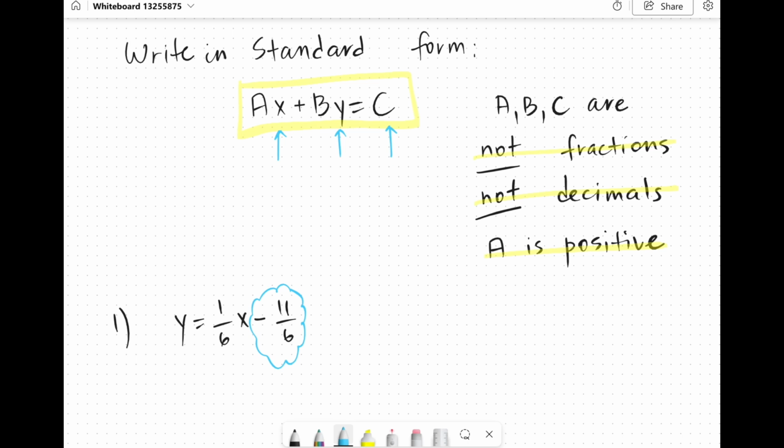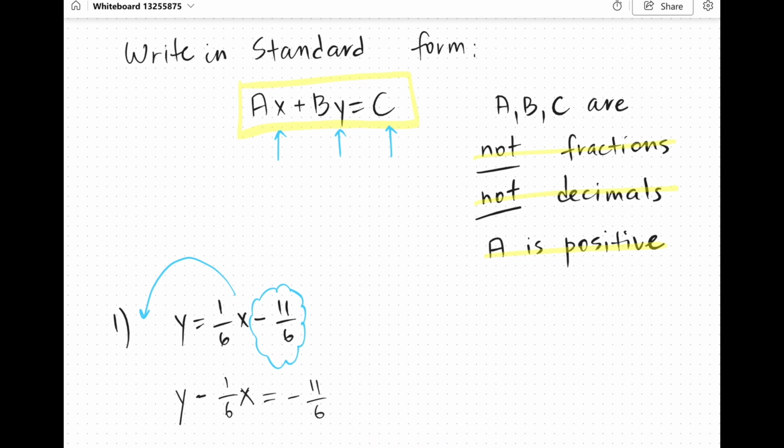We will keep it on the right. With that, 1 over 6x needs to come here. 1 over 6x was positive on the right, so I'm going to make it negative on the left. So you already had a y on the left side. You also now have a -1 over 6x because we moved it. Then your equal sign, and then your -11 over 6.